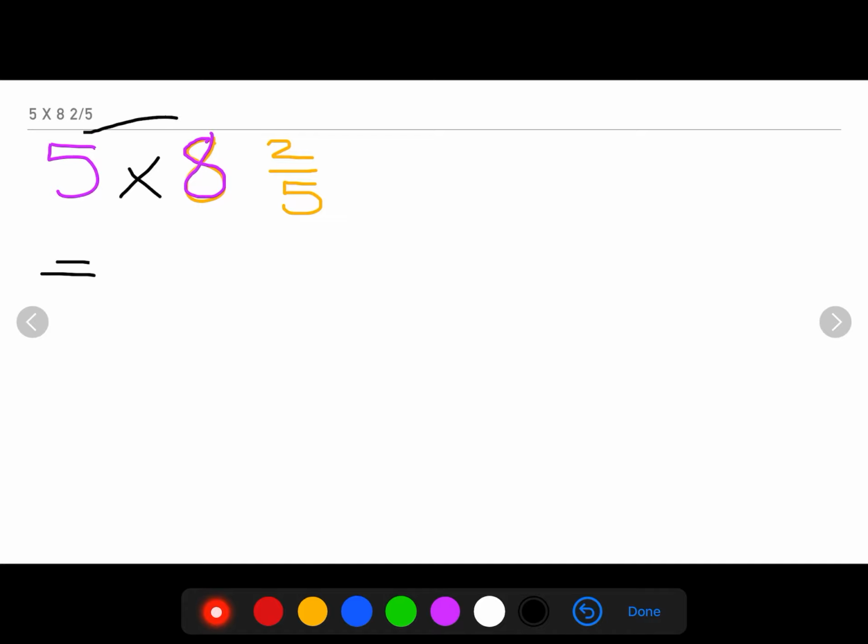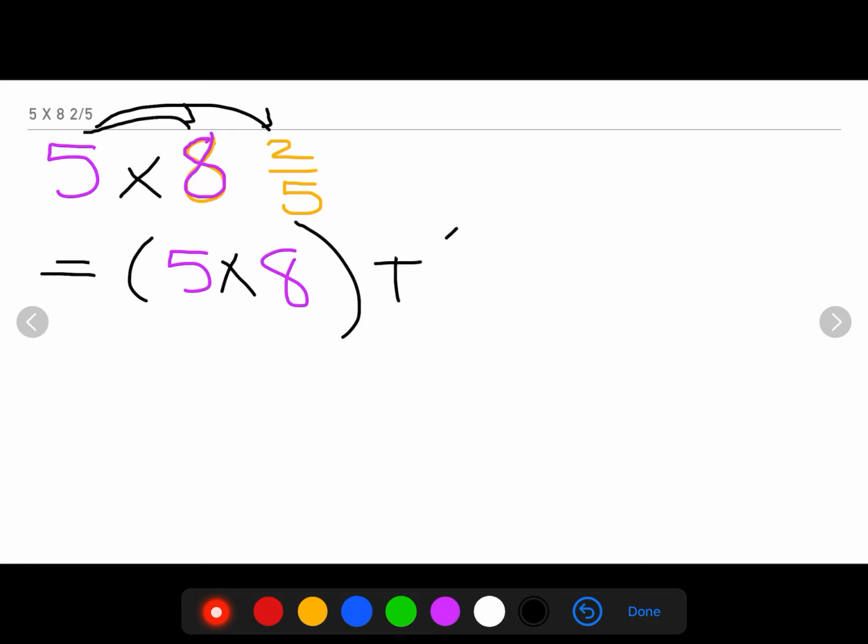So you guys, that means I'm multiplying 5 times 8, and then whatever I get there, I'm adding it to 5 times 2/5.